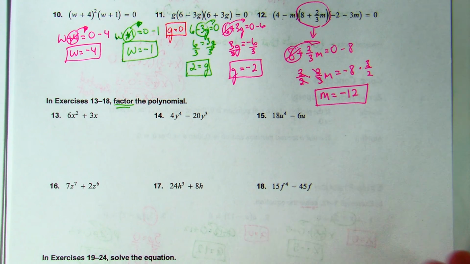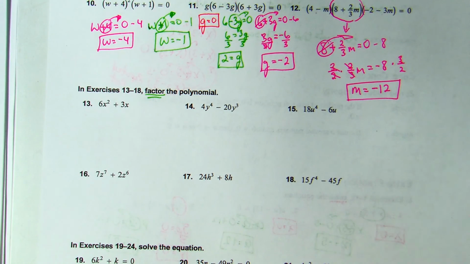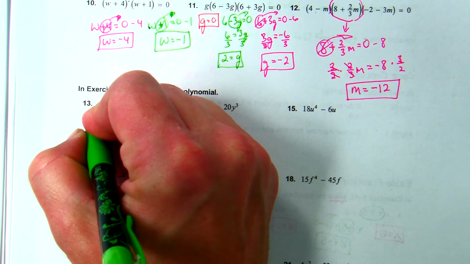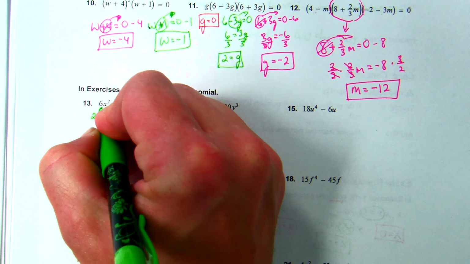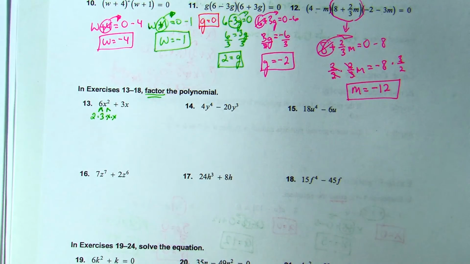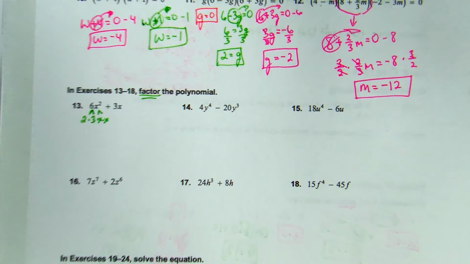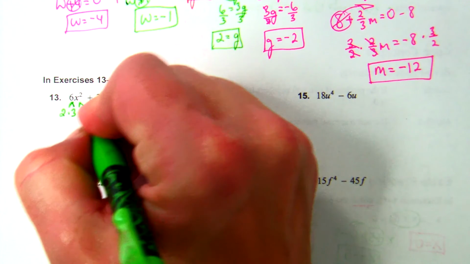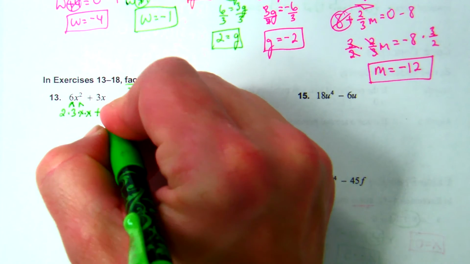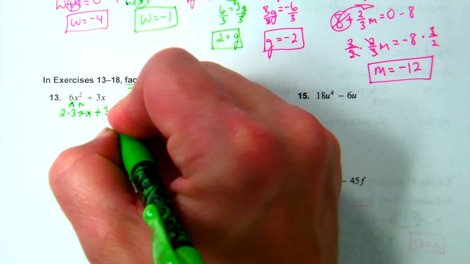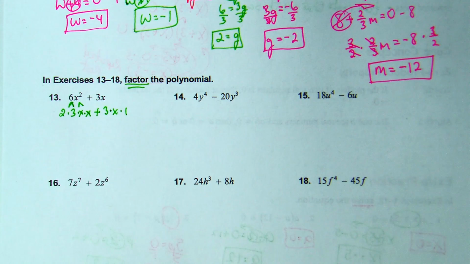Okay, so the first one, we can break this into pieces if we need to. We could say that this is 2 times 3 times x times x. Zoom in a little bit here, that would be our factors of the first term. Then we're going to add to that 3 times 1 times x, or 3 times x, and we can have a 1 on there if we want to.